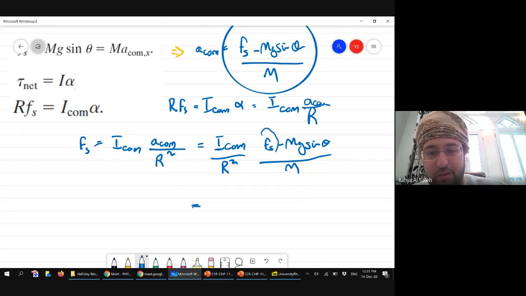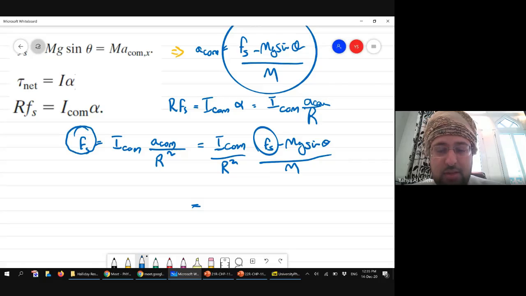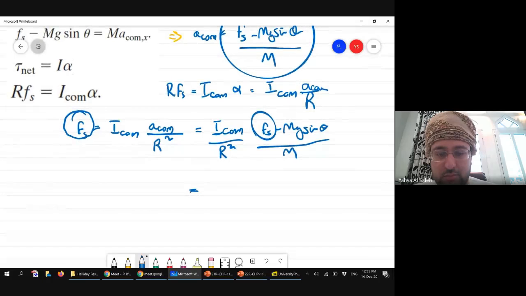I have Fs here, and I have Fs on this side as well. Not a very good idea. I need to get Fs on one side since I'm trying to find what Fs is. Yes? Do we agree on this so far?